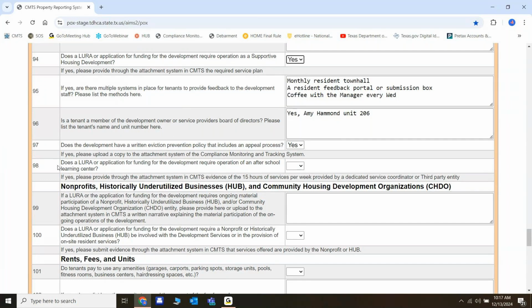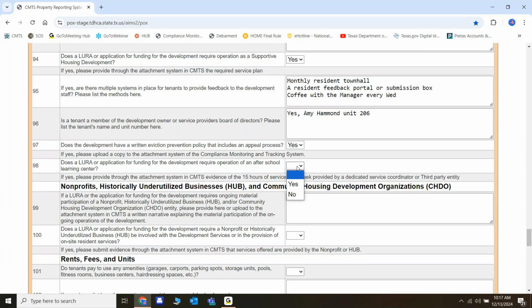Then it says, does the LURA or application for funding require operation of an after-school learning system? There are some LURAs that require, like, daycare and stuff like that, but they're very old. That is not this. This is a newer one. In your land use restriction agreement, I think it's headed as mitigation for schools, something like that.